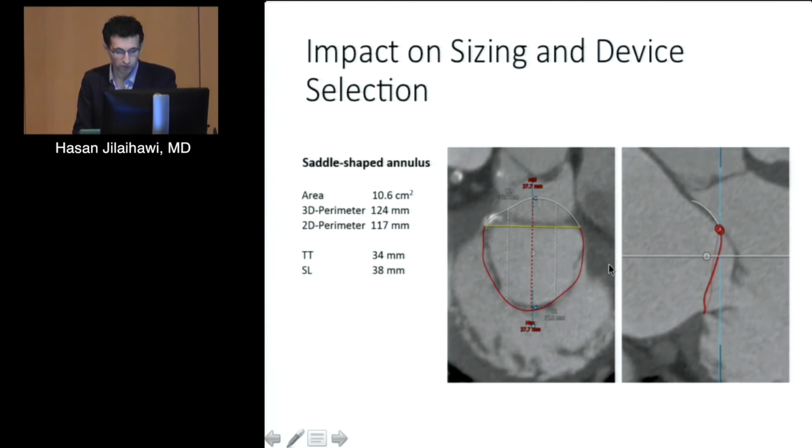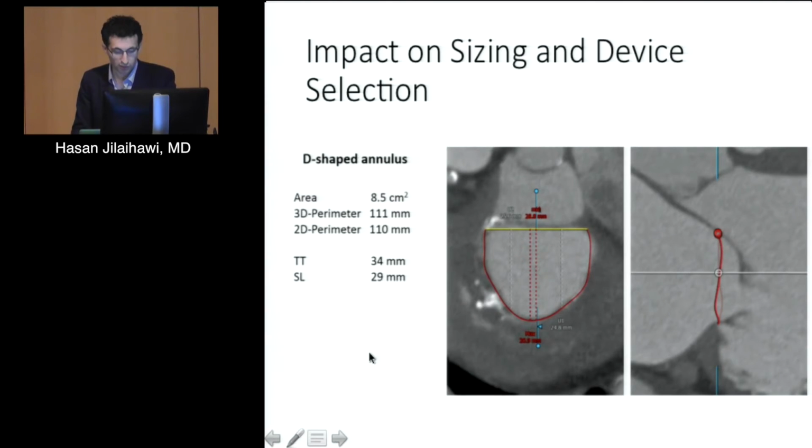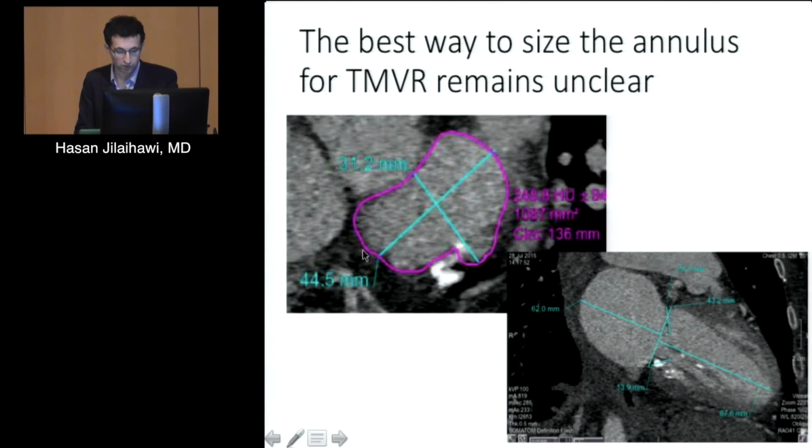Some of the software we're using takes into account the saddle-shaped annulus and derives a kind of 2-dimensional area from that 3-dimensional structure. But it may be that we can just look at things in a much more simplified fashion. This is just a simple cross-section.